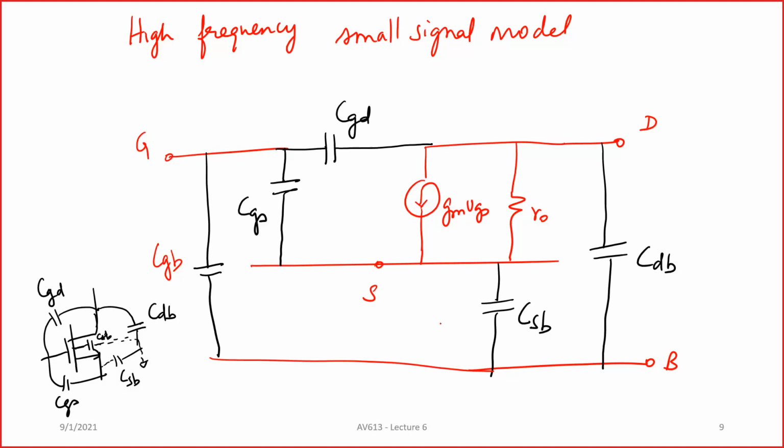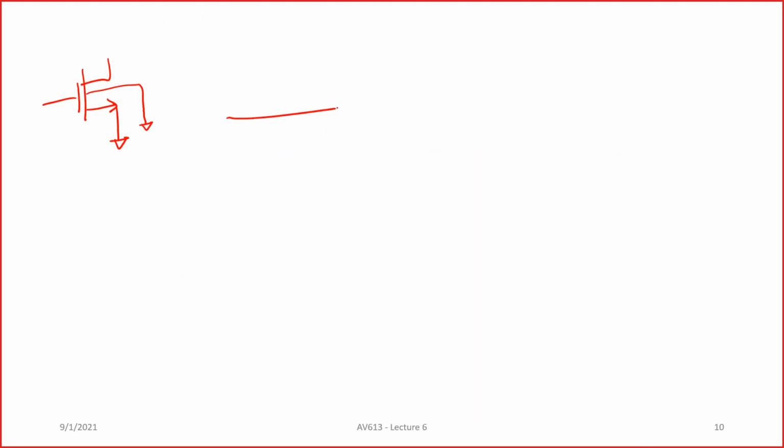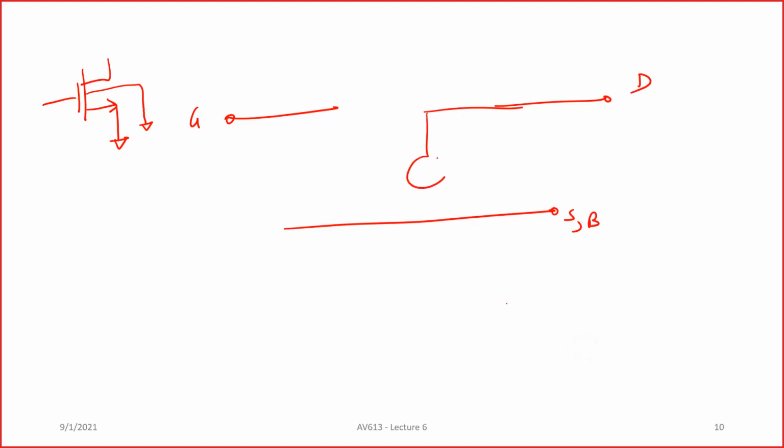Then let us say this is our gate, this is our drain, and this is our source and the bulk. So what happens? You basically have your gm vgs here, you have your r naught, and you have your CDB coming like this.